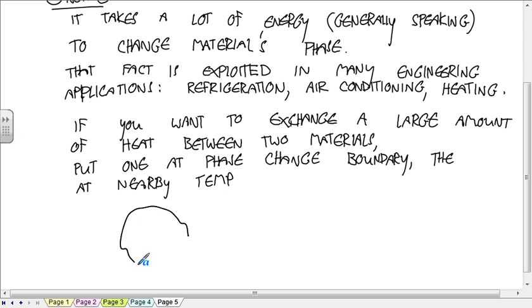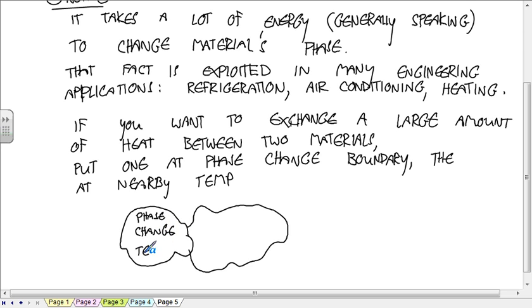So if you have this blob of material and this blob of material, this one is at the phase change temperature, and say that you want to take energy out of this. This one is, say, plus 1 degree Celsius, basically the same temperature.